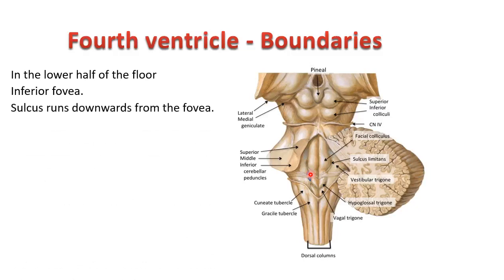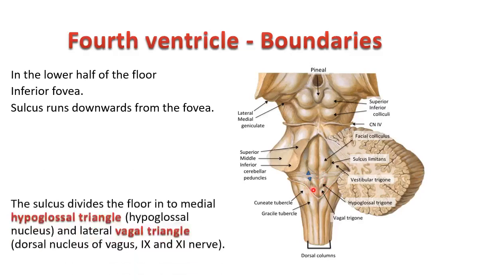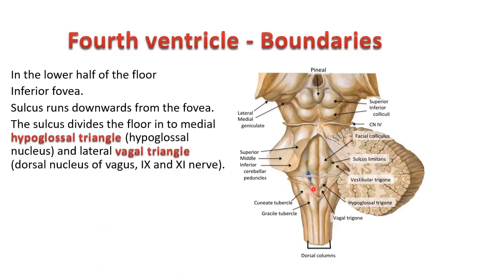Now from the inferior fovea you can see a sulcus running downwards and dividing the floor of the fossa into a medial hypoglossal triangle and a lateral vagal triangle.